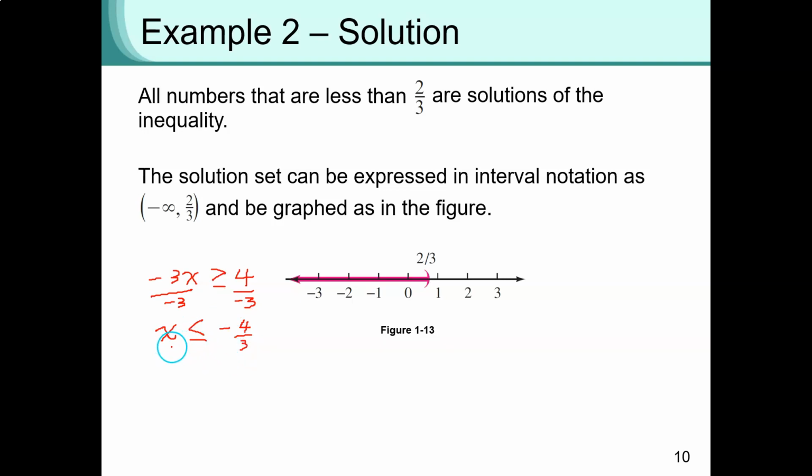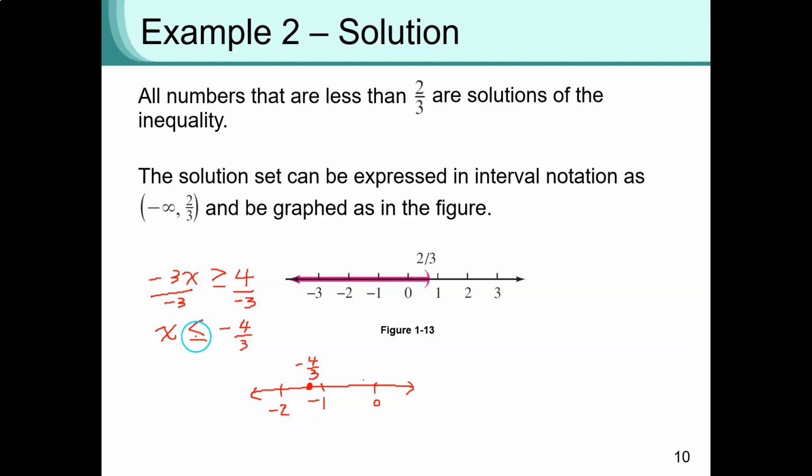So when you interpret x is less than or equal to negative 4/3, I'm going to label this 0, this negative 1, this negative 2. Negative 4/3 is a little bit bigger than negative 2, right? So it would be here, negative 4/3, and it's a closed dot because you have the equal sign.